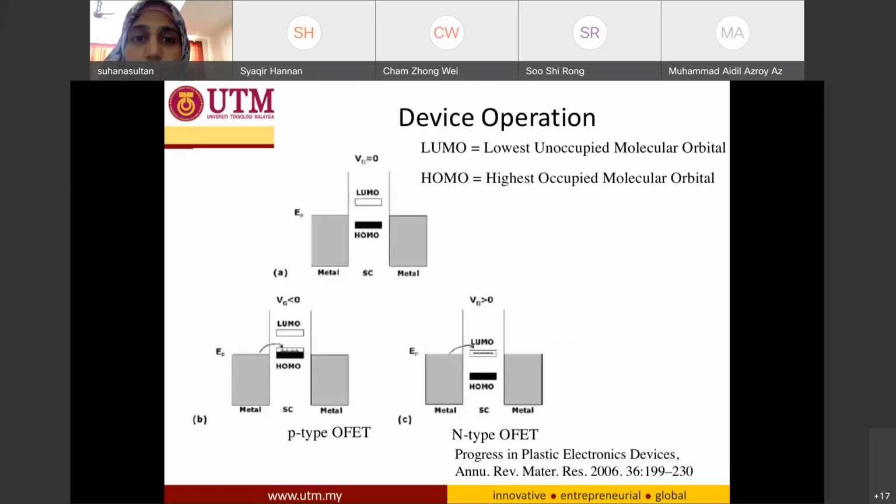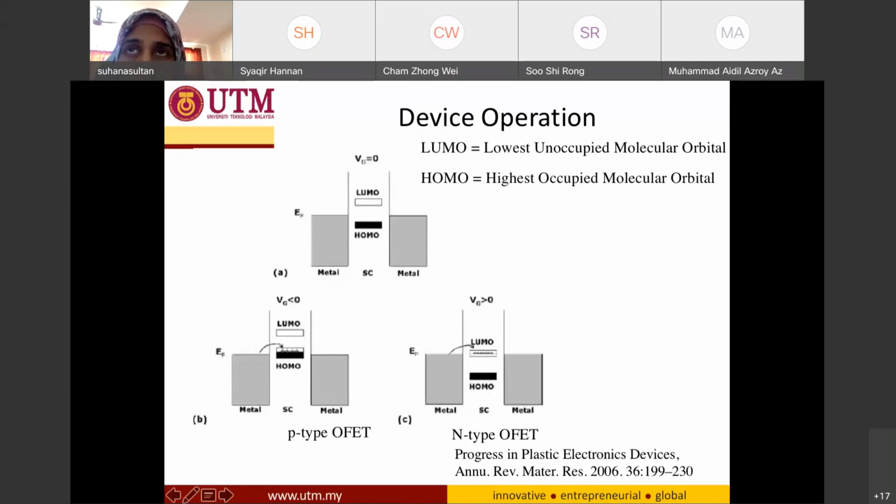So if you look at this diagram, in inorganic semiconductors, they will call this LUMO, lowest unoccupied molecular orbital, the conduction band, and your highest occupied molecular orbital, HOMO, the valence band.